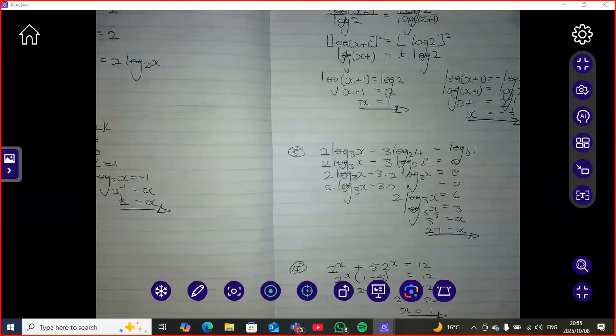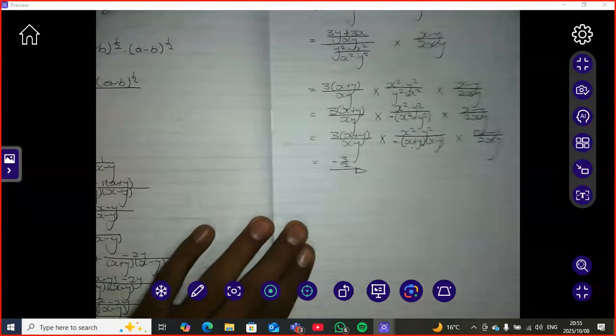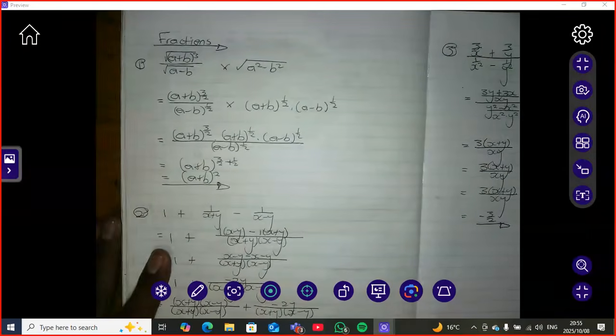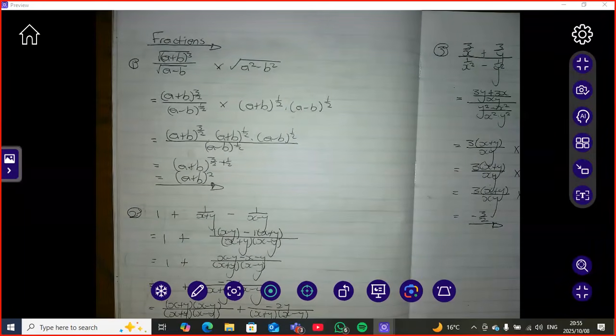That can work also. Yes. Let me know when to move up. Let me see if I have something on fractions.